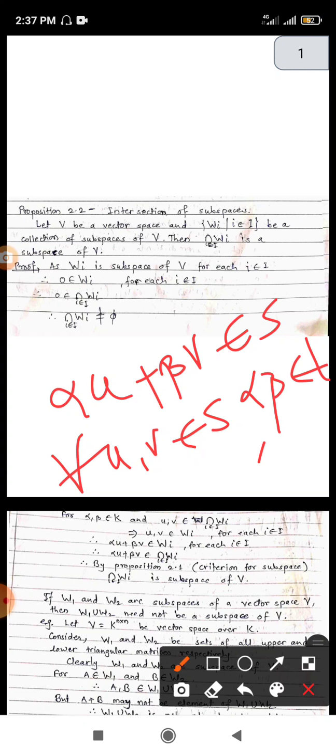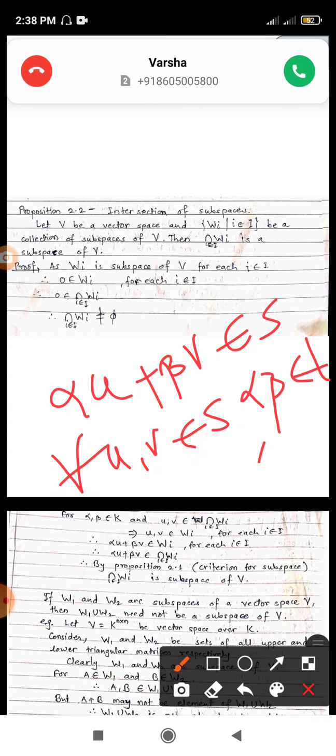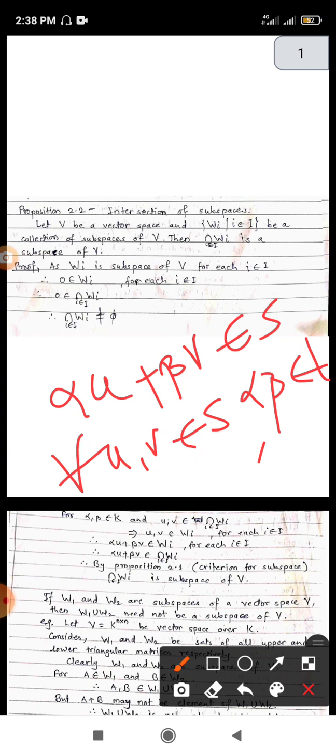If this condition is met, then we say the non-empty subset is a subspace, otherwise it is not a subspace, it is only a subset. A particular example: the singleton {0} is trivially a subspace.